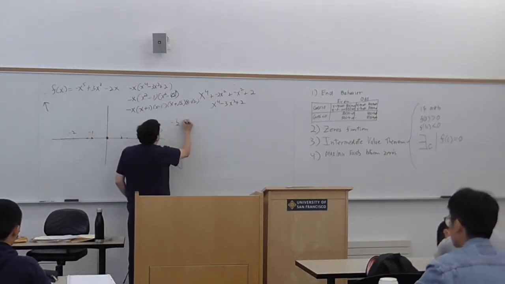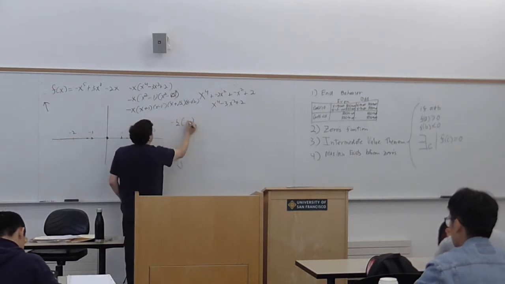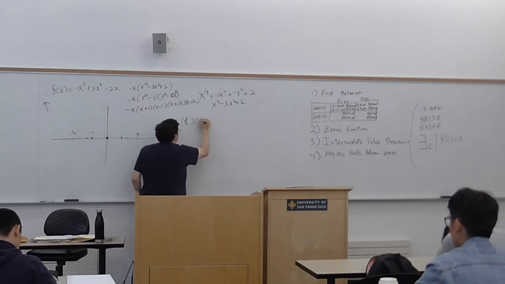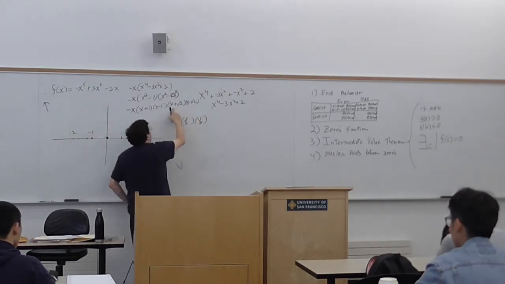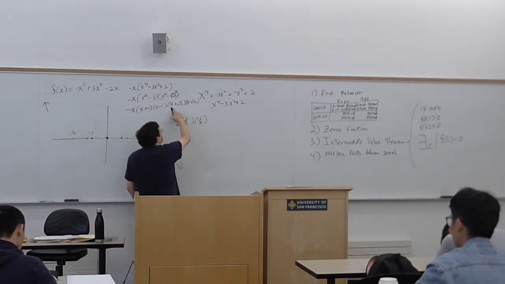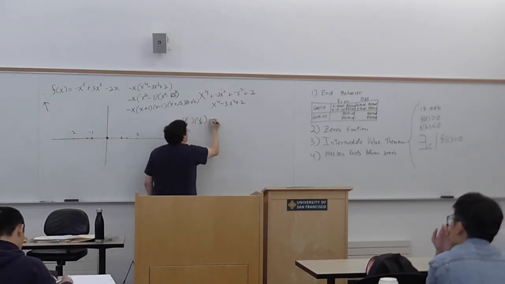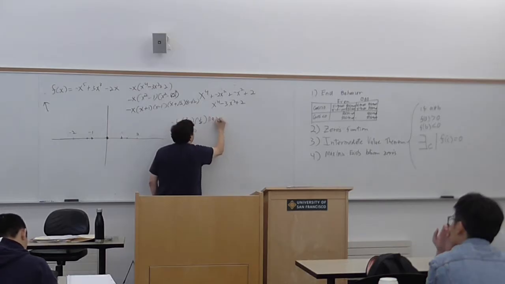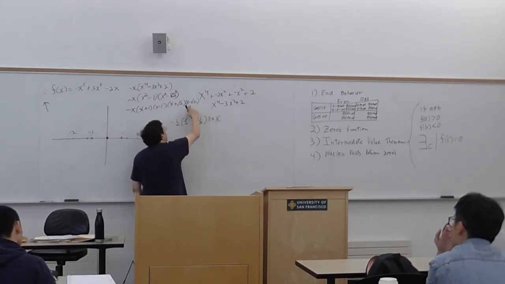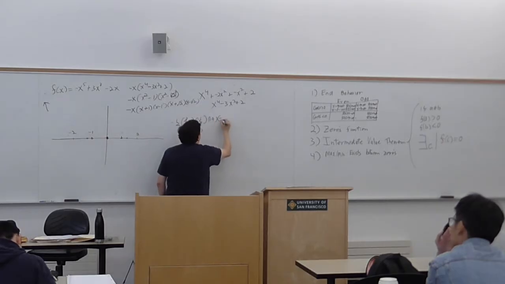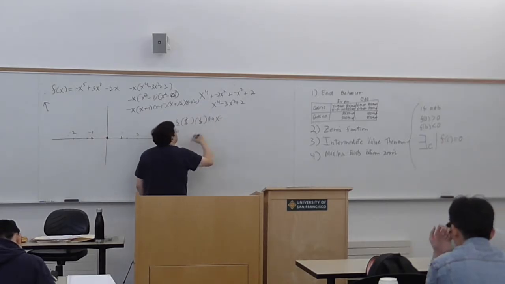So -1/2 times 3/2 times -1/2 times, okay, half plus 1.4, it's about 1.9, and half minus 1.4, that's going to be -0.9.